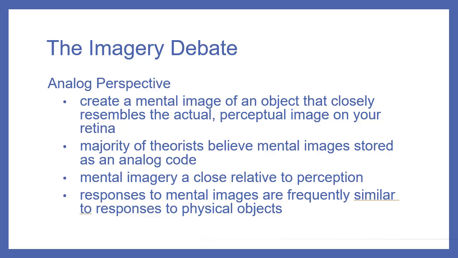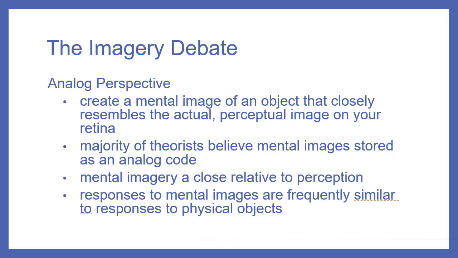The analog perspective is that we have an image of something, and if we close our eyes, we would see the thing. It's as if the proximal stimulus, the distal image, registers on our retina, and then we have this representation of it that gets stored. That's the basic way that the analog perspective suggests that the image is registered.